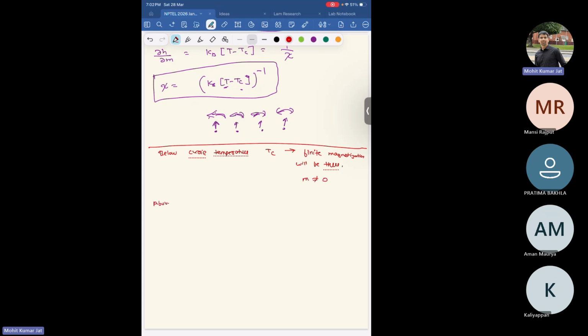Above the Curie temperature, thermal energy is more.